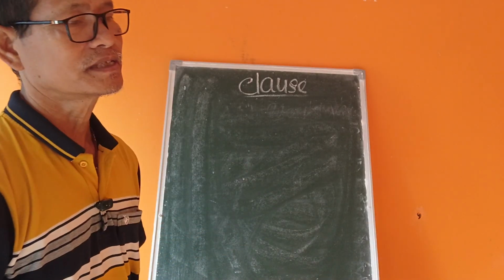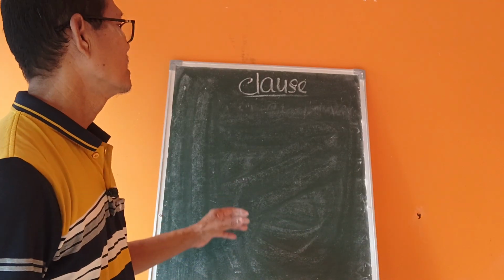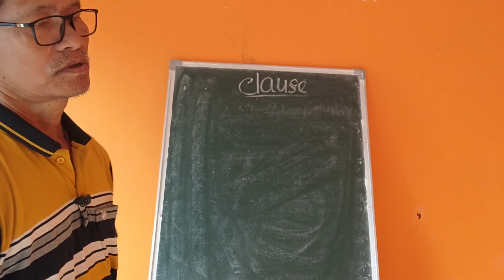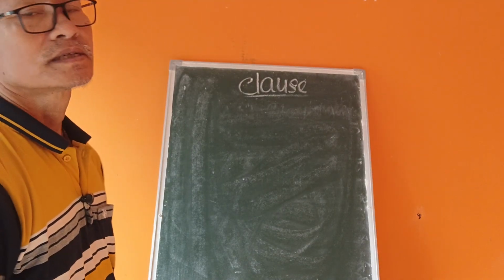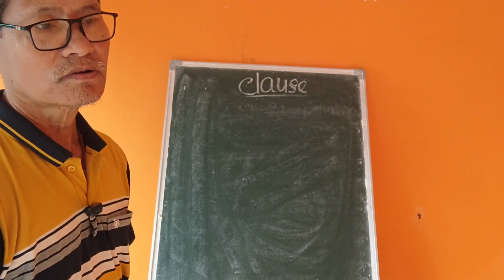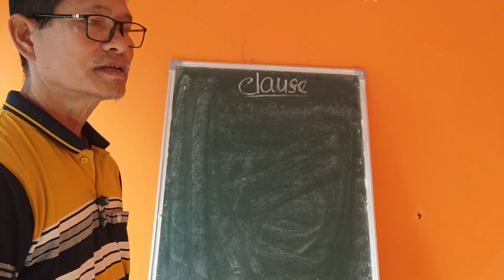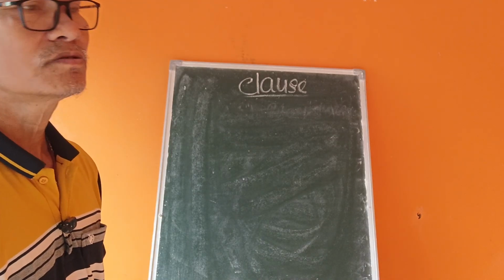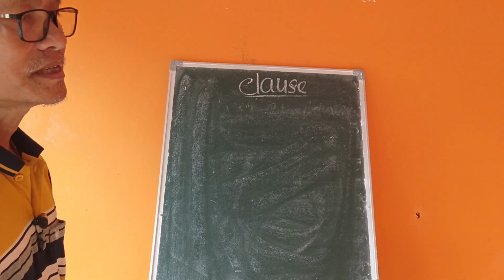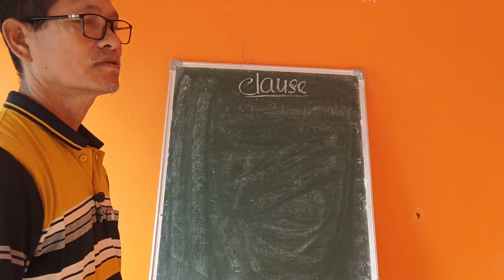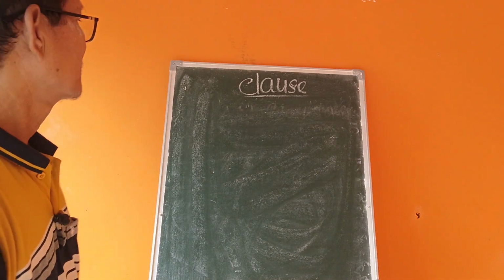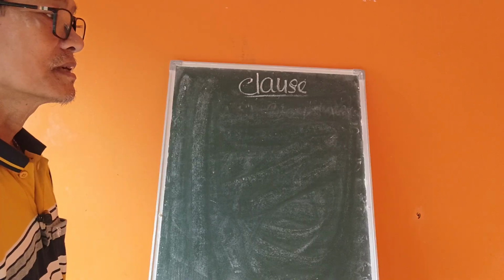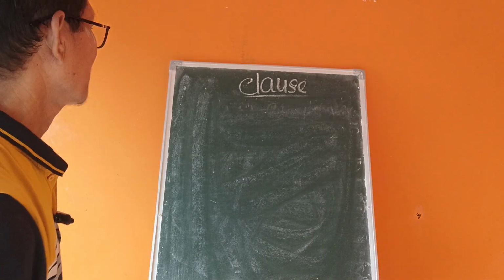We are discussing the types of clause, and there are three types of clause: the principal clause, subordinate clause, and coordinate clause. Again, the subordinate clause is divided into three types.